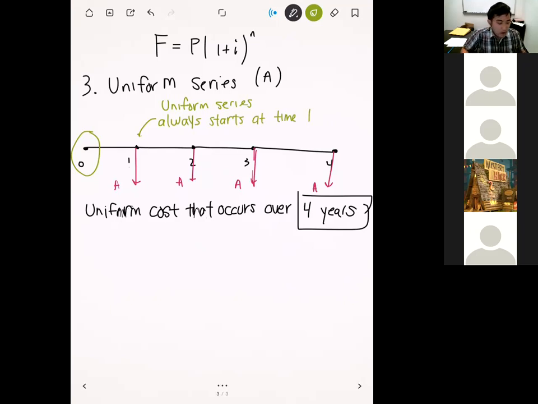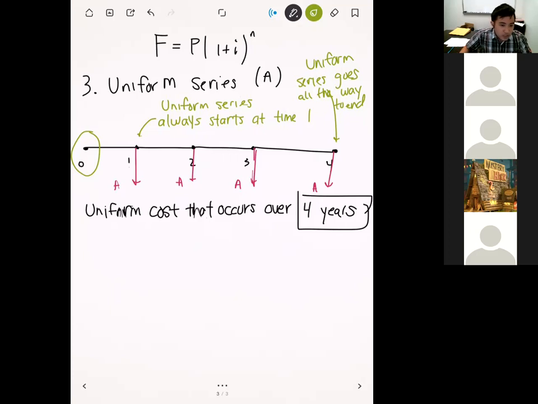We call this the standard form of the uniform series. It starts at year one, and then it goes all the way until the end. So it starts at one and it goes to the end.